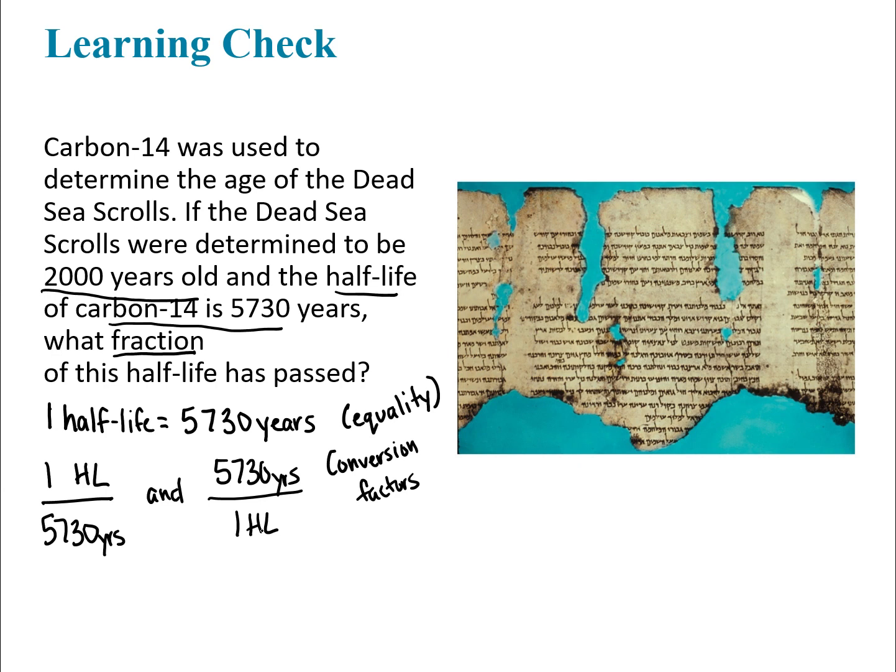Now we need to take the amount of time that has passed, which we're told is 2,000 years, and use one of these conversion factors to figure out what fraction of a half-life has passed. We're trying to get rid of years. So years should be on the bottom of whichever of these conversion factors we use.